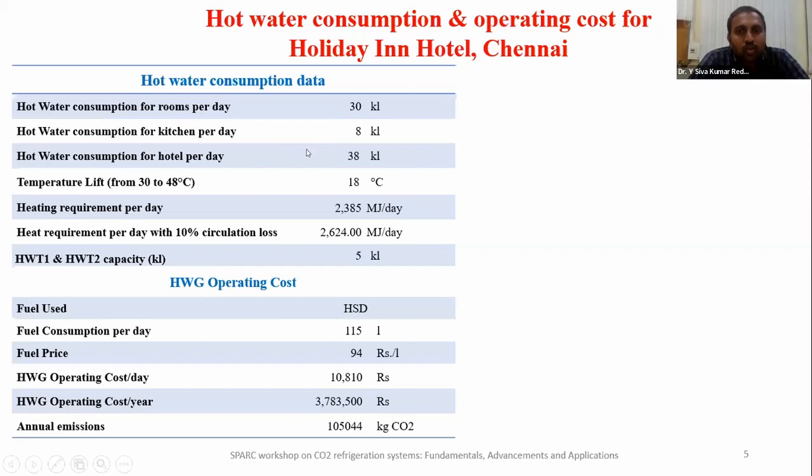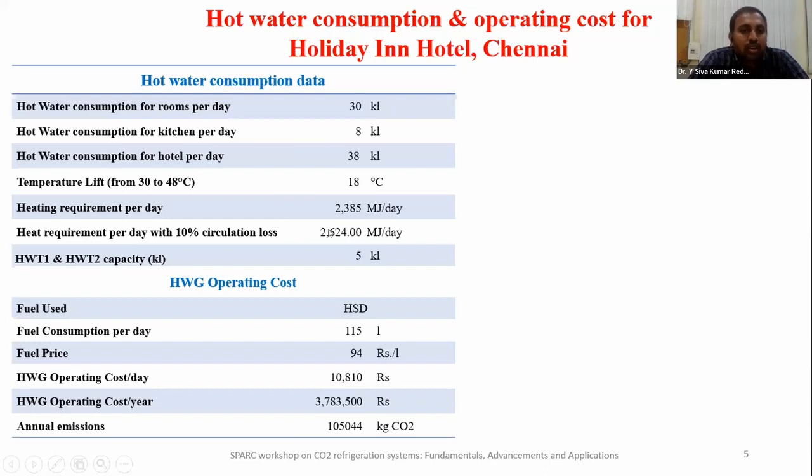The normal water temperature we considered is around 30 degrees, and the hot water temperature is around 48 degrees. So we need to heat with a delta T of 18 degrees. With this data, the heat requirement per day becomes 2,385 megajoules per day, and there will be some circulation losses.